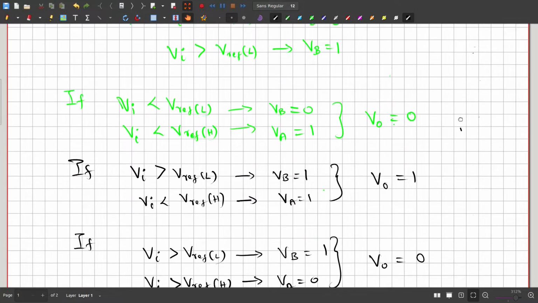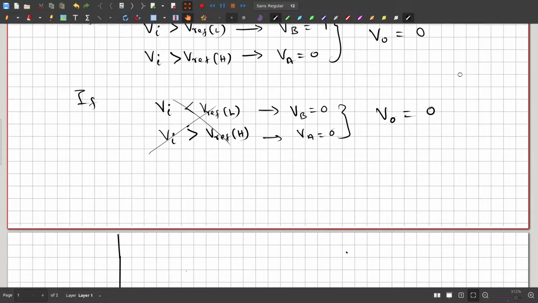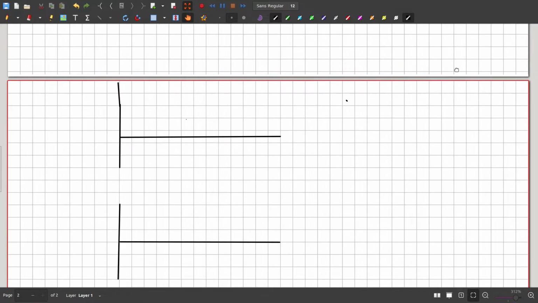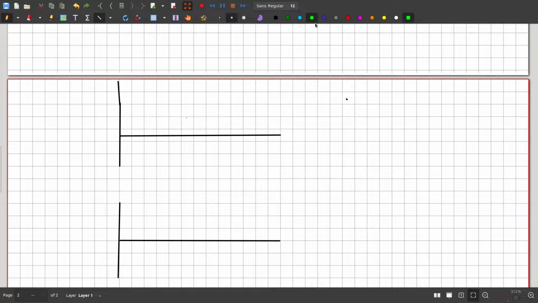High is gray and low is green. Let our input be a triangular form. It can be any form, but let's assume it to be a triangular form.